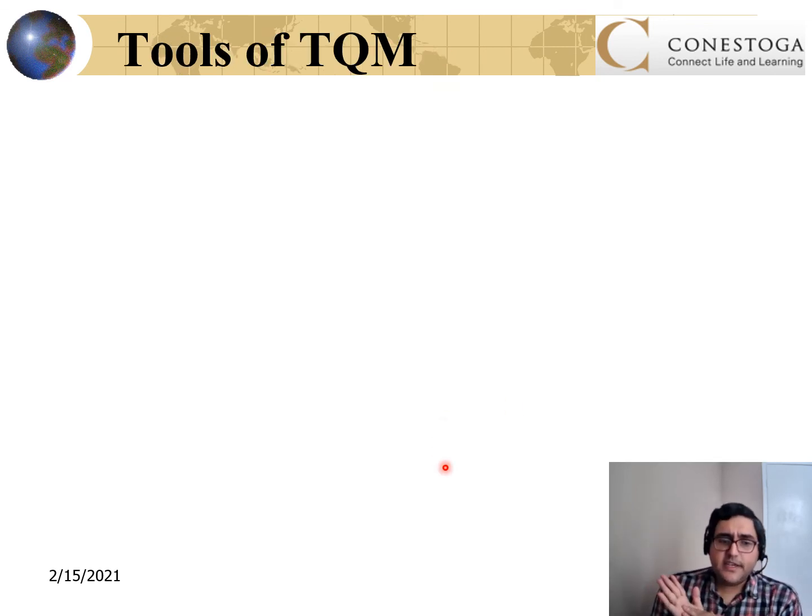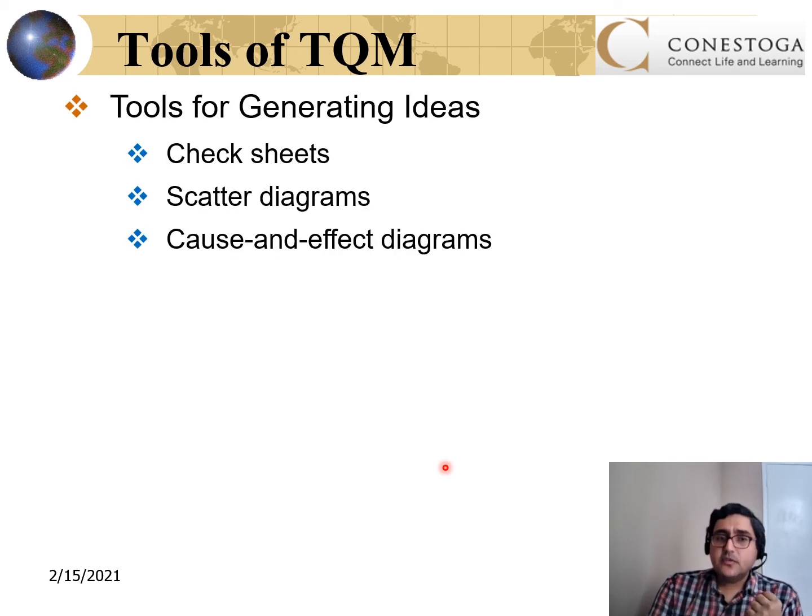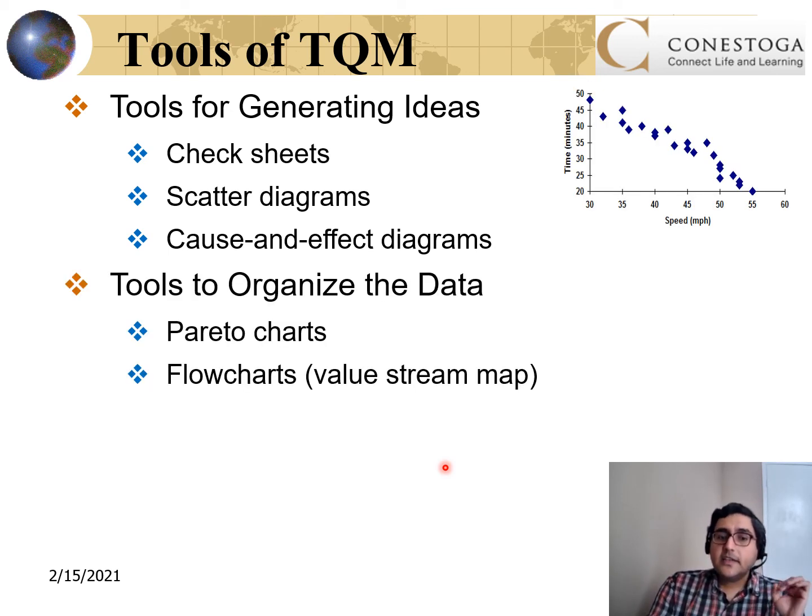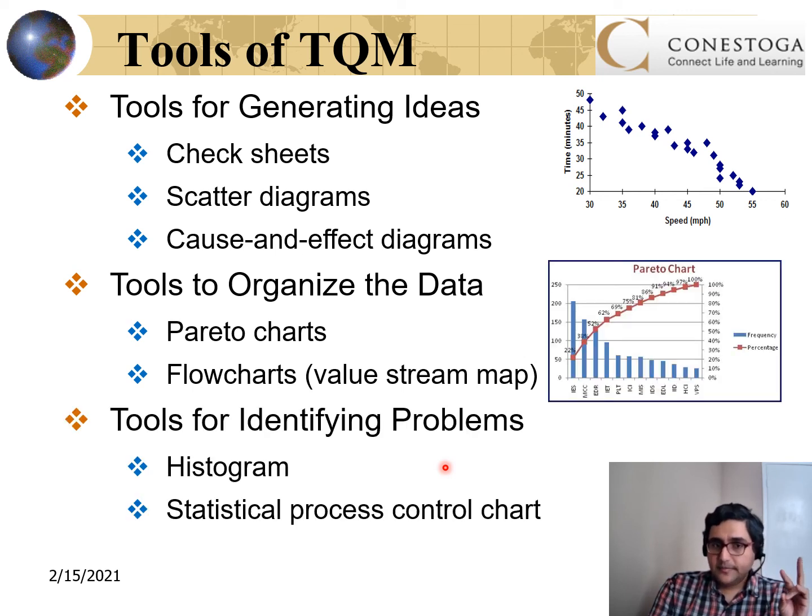Now we are towards the end of this week's lecture. We use what are called the different tools of TQM. The tools for generating ideas are check sheets, scatter diagrams, and cause and effect diagrams. The tools for organizing the data are the Pareto chart and flow charts.